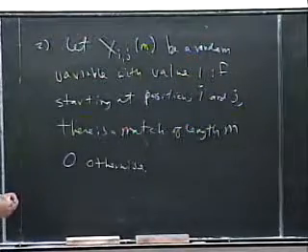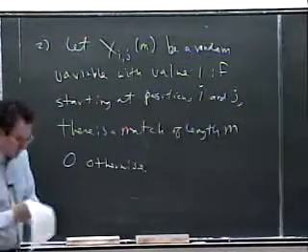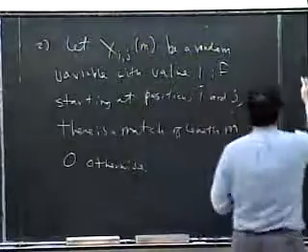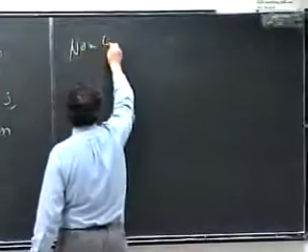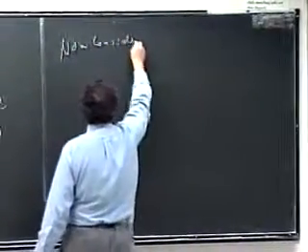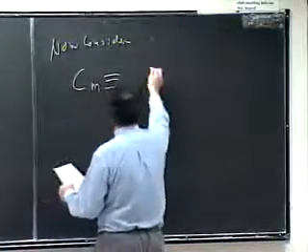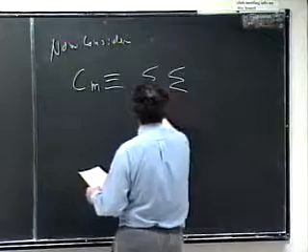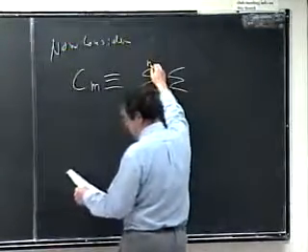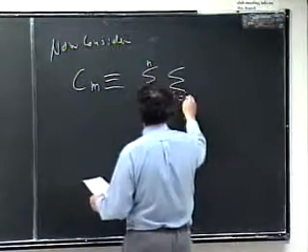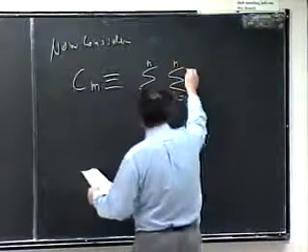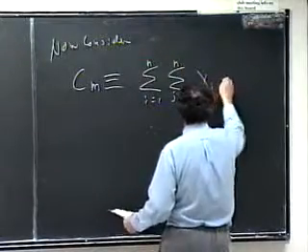All right. So now consider this thing. C_m is defined as the summation i equals 1 through n, j equals 1 through n, of X_ijm.